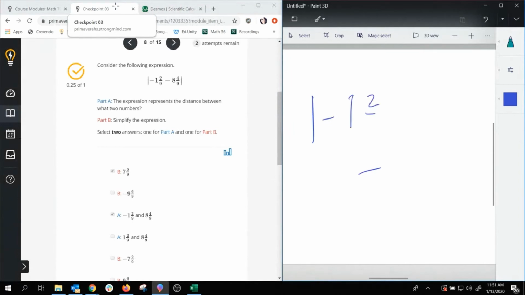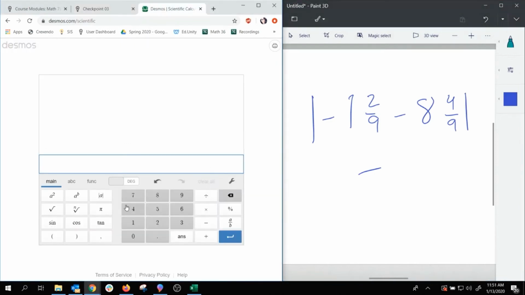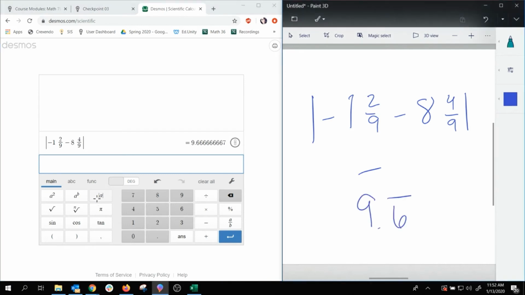1 and 2 ninths minus 8 and 4 ninths. So to do mixed numbers, put a space after the 1 to do the 2 over 9. Then we are subtracting 8. I'm going to do another space, 4 over 9. And it tells me that this is 9.6 repeating, which is the same as 9 and 2/3.